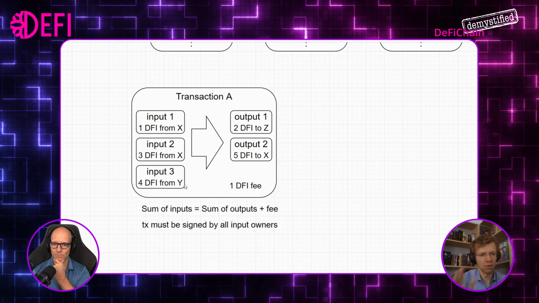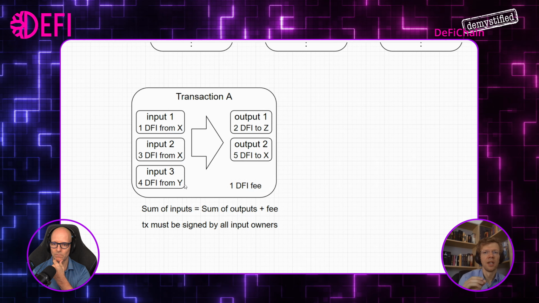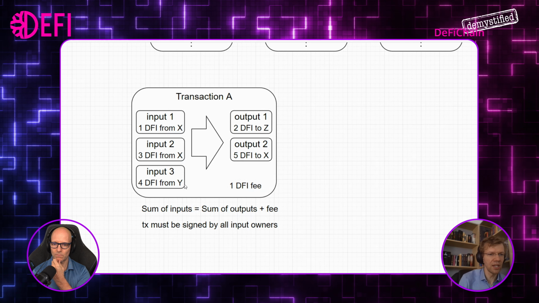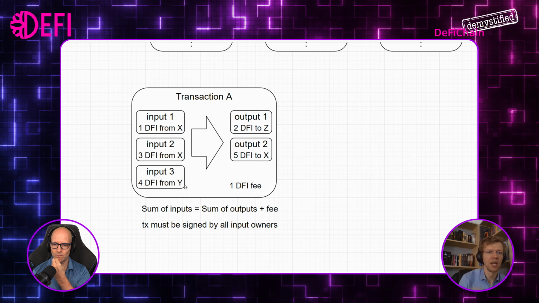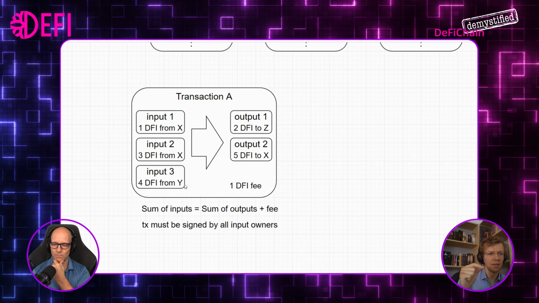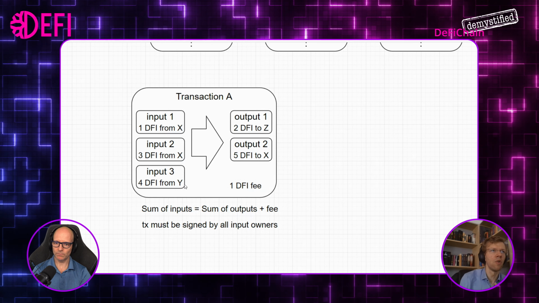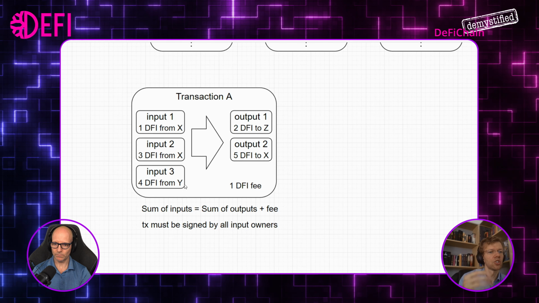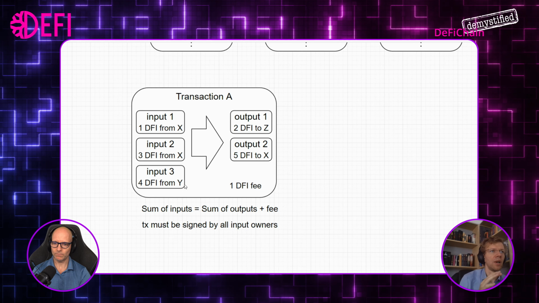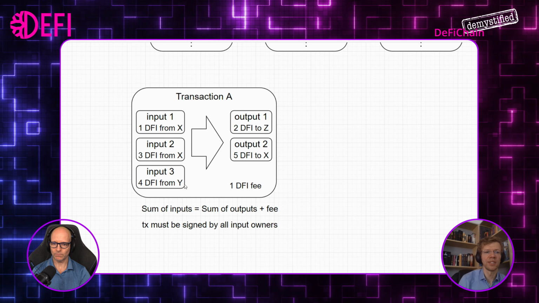But in the end, all you need to understand is it's possible to sign a transaction, saying, okay, yes, I am fine with that. It's like the owner of X says, this transaction is fine for me. And the owner of Y also says this transaction is fine for me.